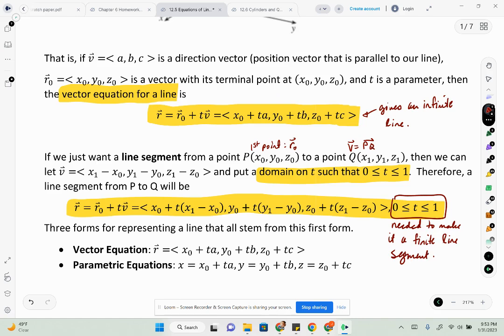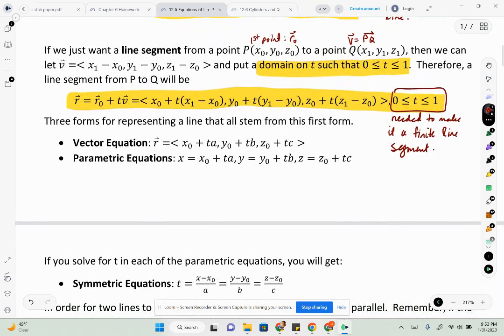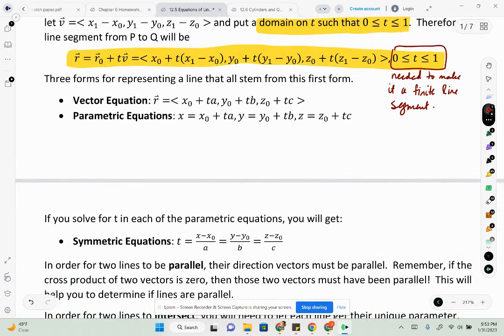Okay, so you're going to be asked for different forms for your lines, and there are three different forms. One of them is the vector equation, which we just went over. The next one is the parametric equations, and all we do is use the idea that in any given 3-dimensional vector, the first component is known as your x component. So anything in that first component is like an x of t, right?